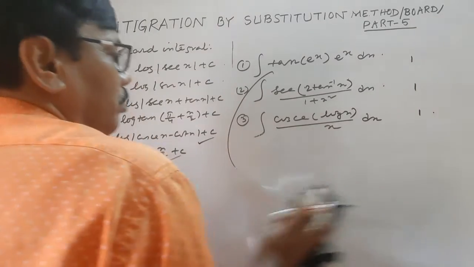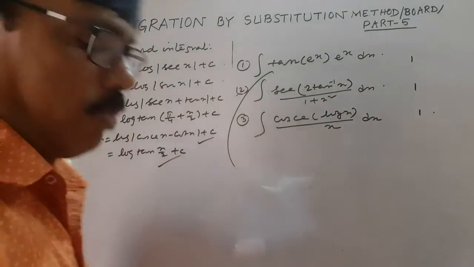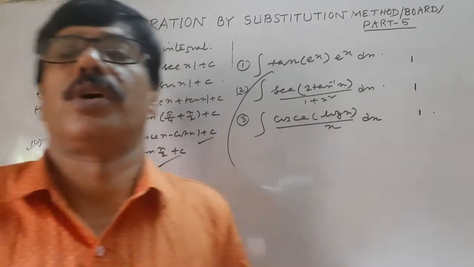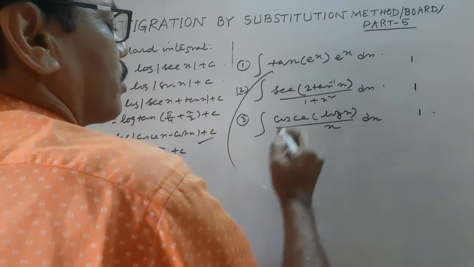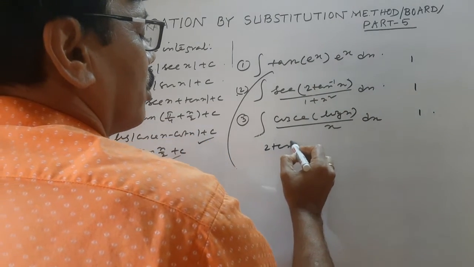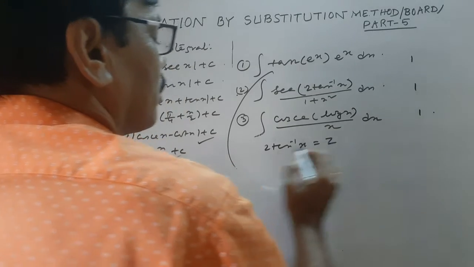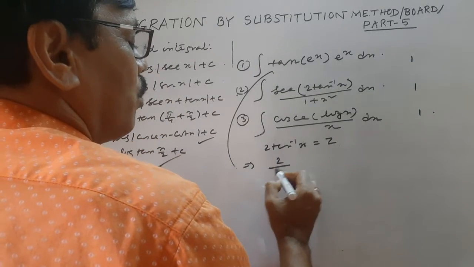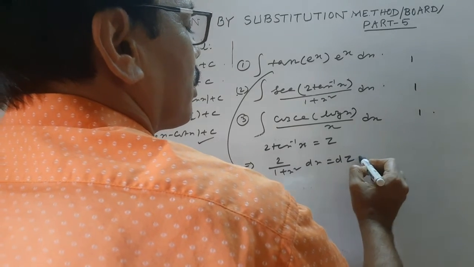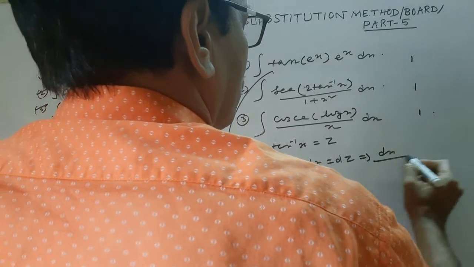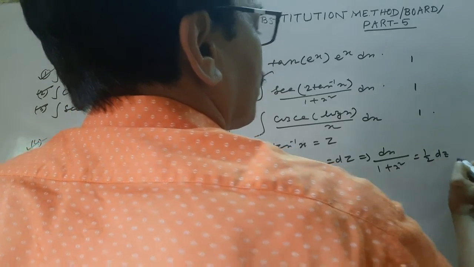Now 2: integration of sec 2 tan inverse x by 1 plus x square. What is the argument? 2 tan inverse x. This is not linear. So 2 tan inverse x equals z. So 2 by 1 plus x square into dx equals dz. So dx by 1 plus x square equals half dz.